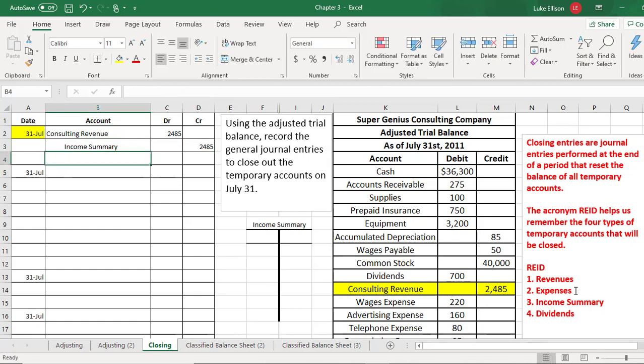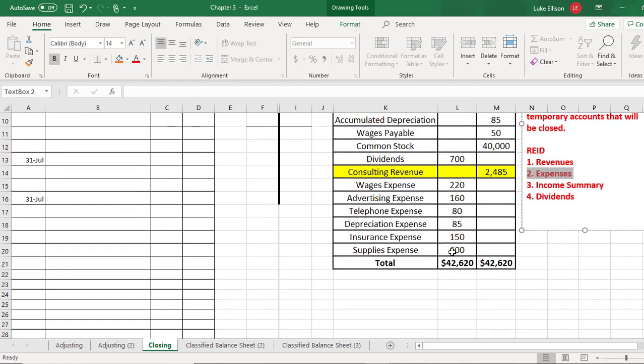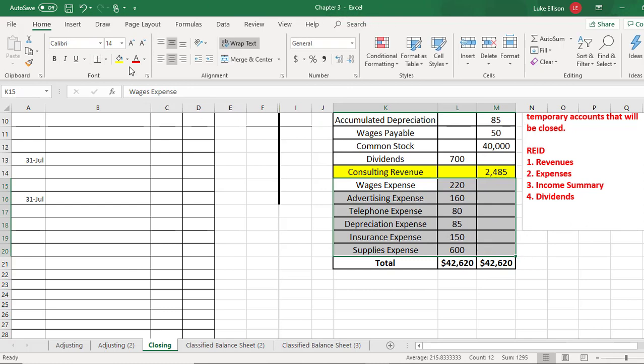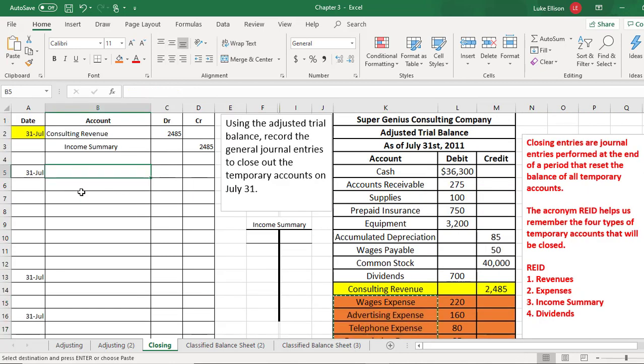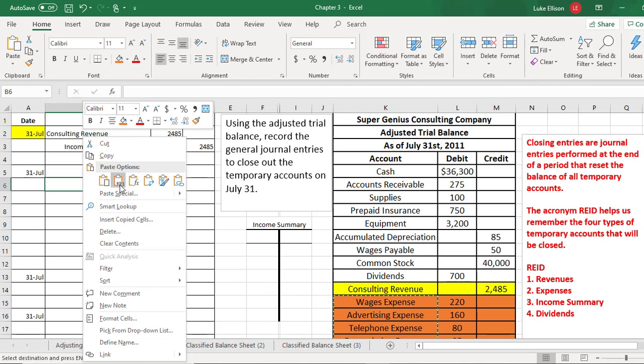Next, we can close the expense accounts. That's step two. So you'll notice all the expense accounts are listed here at the bottom of the trial balance. And those all have debit balances. So in order to close those, we're going to have to credit each of the accounts. And we can actually do that in one journal entry. So I'm going to grab the titles of all the accounts, leave a space for the debit, and paste all of the credits.